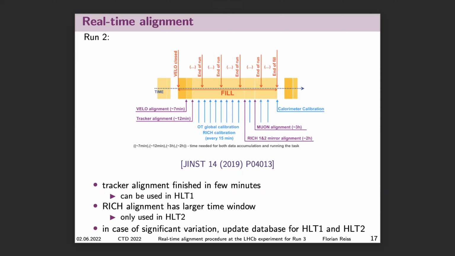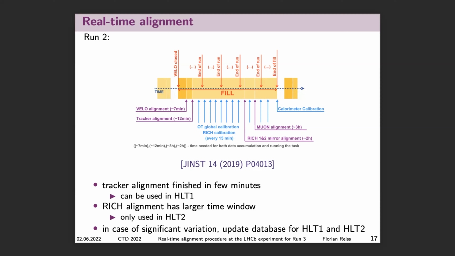To give you some impression of the timescales we had in Run 2: we closed the velo and we started, and you can see in Run 2 the velo alignment and the tracking alignment were quite fast, just a couple of minutes. Then we had different kinds of calibration steps. The OT we don't have anymore, but the RICH is still similar.